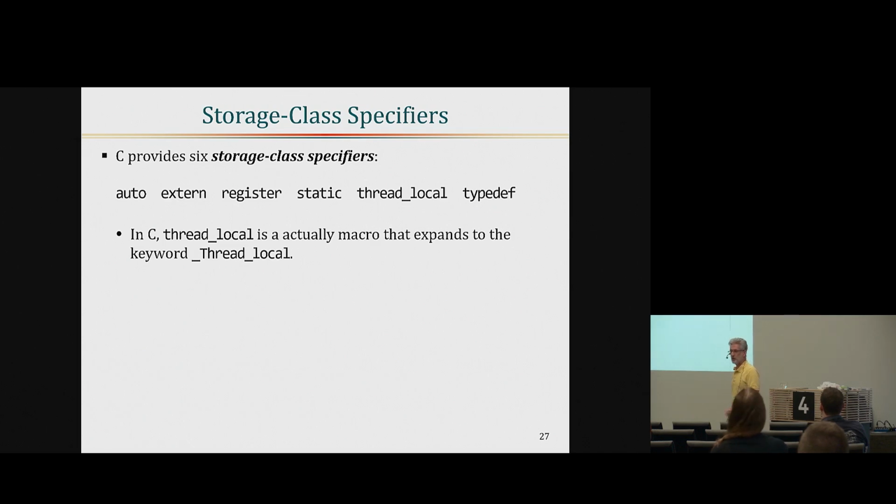Tomorrow I'm going to be giving a talk called New Features in C, and I'm going to explain the underlying philosophy of why C does what I'm showing you here, but actually the keyword is _Thread_local. That's the reserved word. Thread_local itself, with the lowercase t and no leading underscore, is actually a macro, and you can only use it by including a header first.